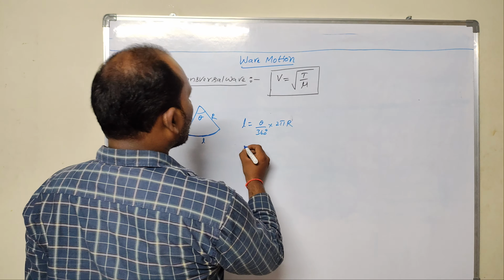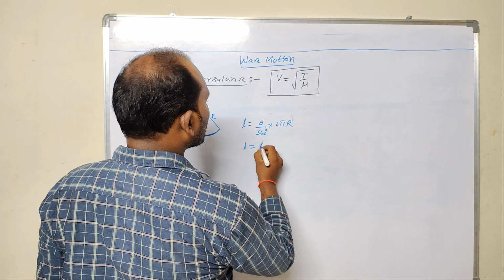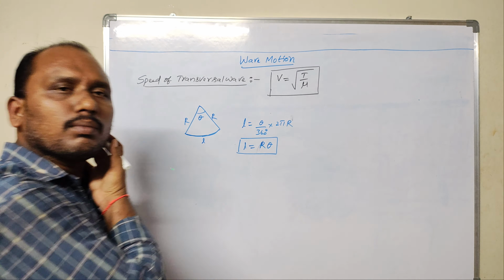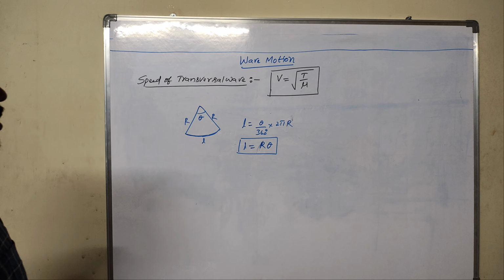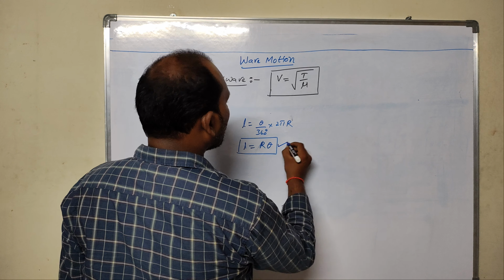In radians, the formula is R theta. Keep in mind, guys: L is the length of the arc, R is the radius of the circle, and theta is the angle made. So the relation is L is equal to R theta.